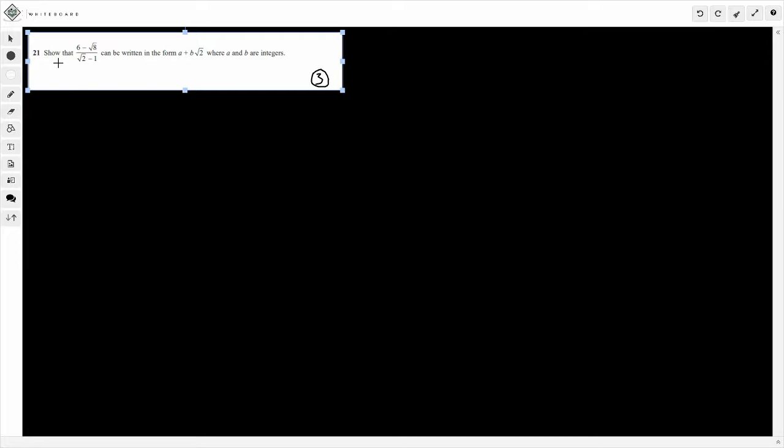And the reason we do this, we don't just do it for the sake of it, is because it eliminates the surds in the denominator. And remember, that's the whole point of rationalising. We don't want surds in the denominator. So let's have a go doing that. We're going to do 6 minus root 8 times root 2 plus 1.